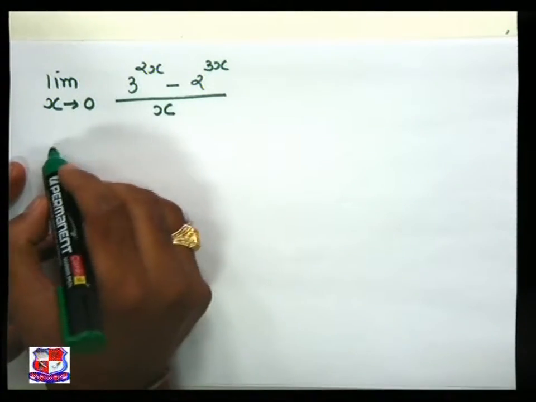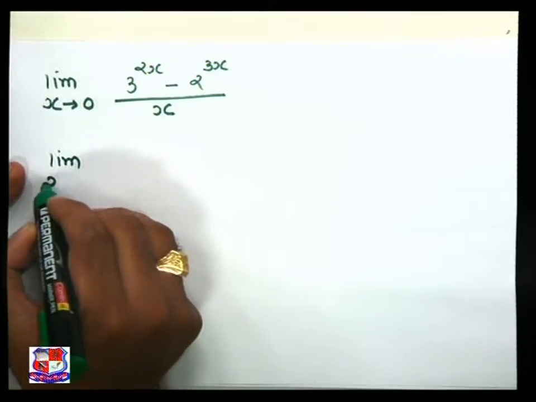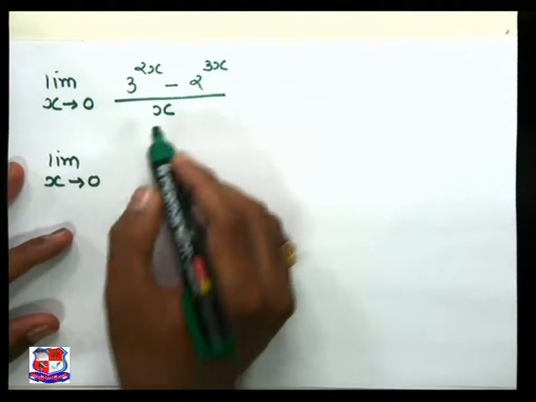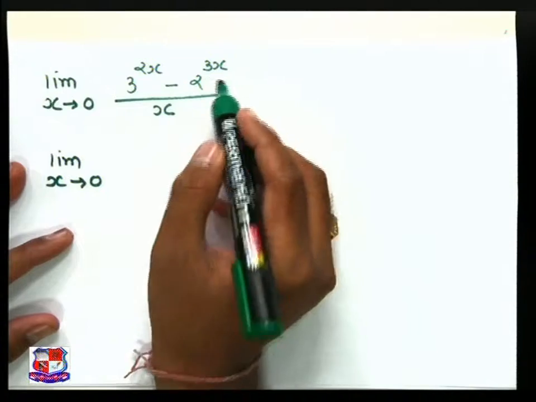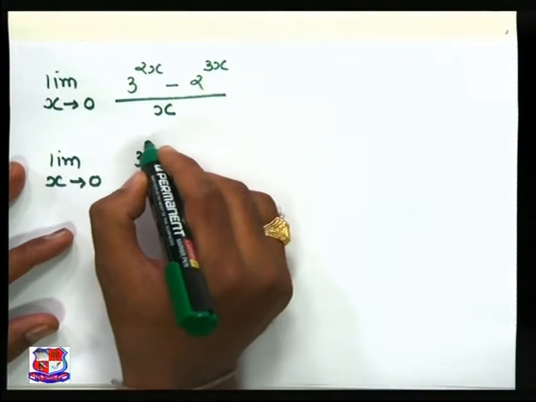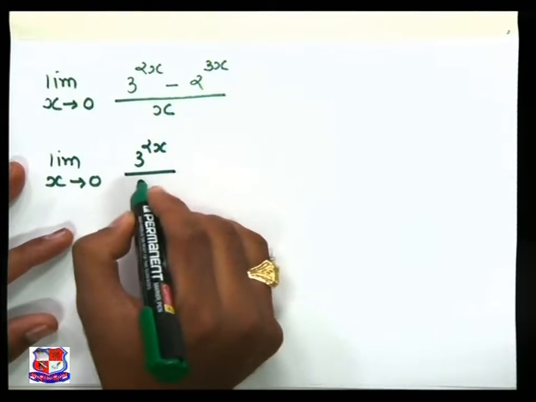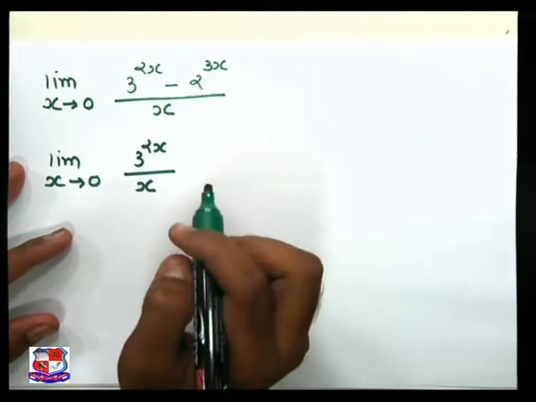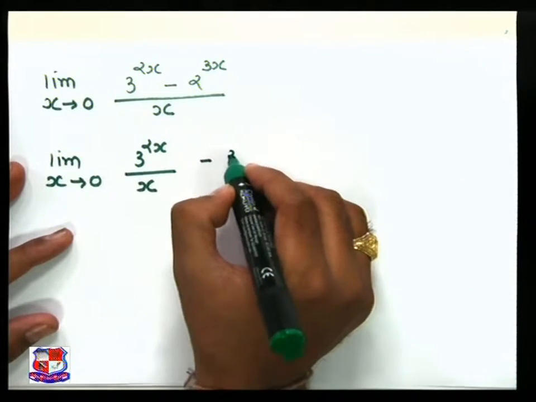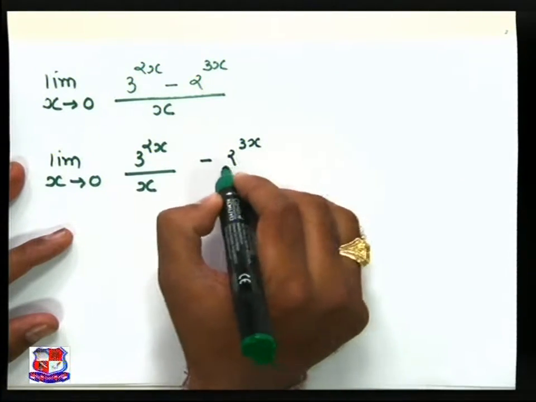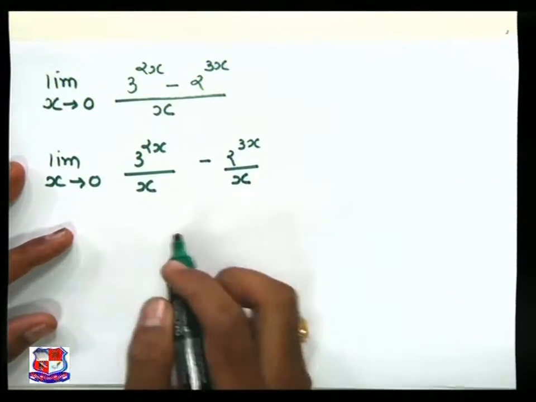Just put limit x tends to 0, this x divided with the first term, and this x divided with the second term. So 3 raised to 2x divided by x, minus 2 raised to 3x divided by x.